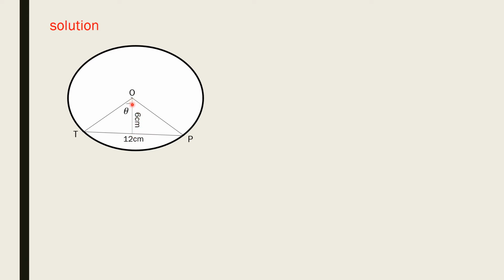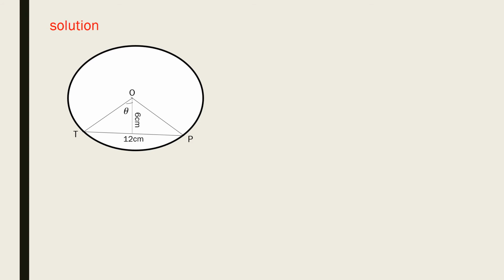If this divides, we will have 2 right angled triangles. Since this is the center, it will divide TP into 2 equal parts. So if T to P is 12 cm and it divides into 2 equal parts, here will be 6 and here will be 6, and then we will work out the remaining.